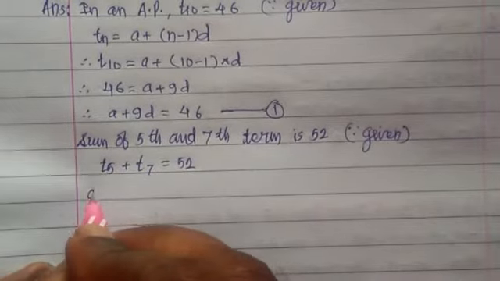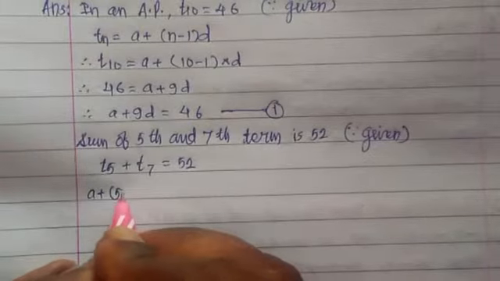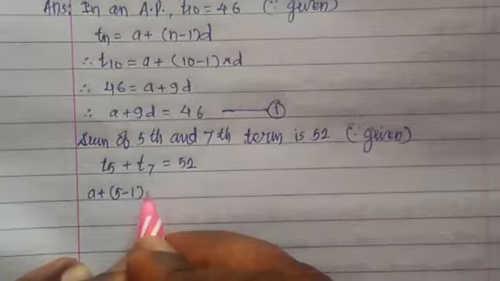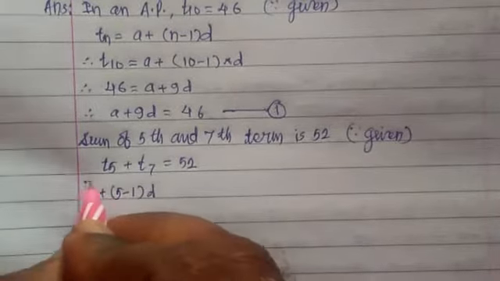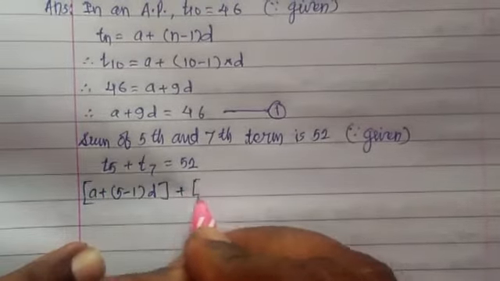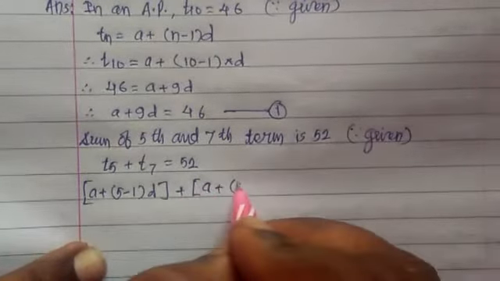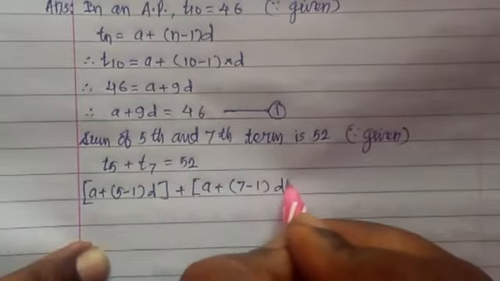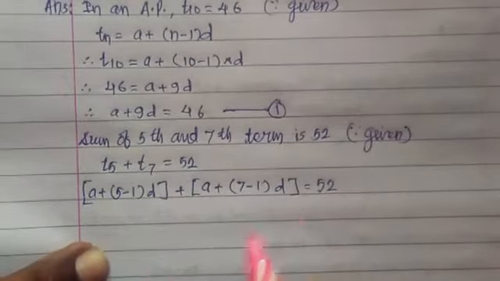means A plus (n, n means 5, minus 1) into D. Now D is also not given, so D, this is T5. Then T7 means A plus value of n, n means 7 minus 1 into D, which is equal to 52.